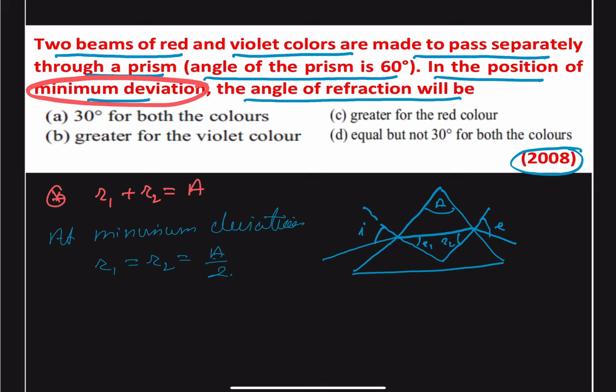And this entire relationship is true for any wavelength. So whether it is red or violet, the angle of prism is given as 60.